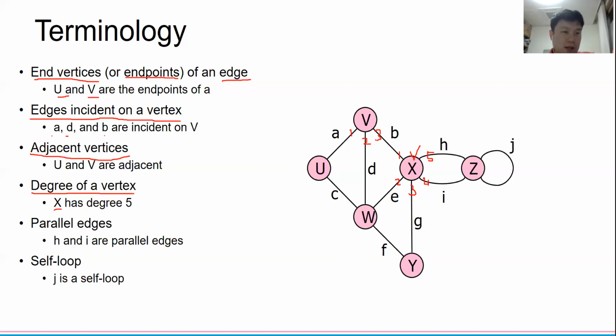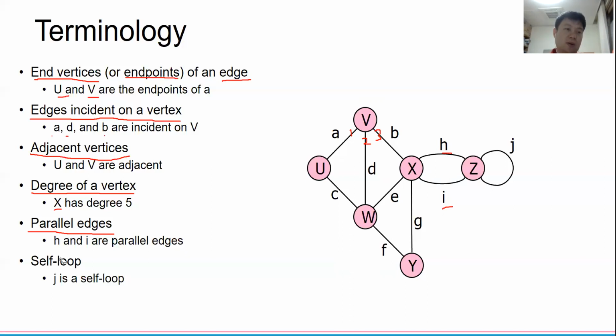Parallel edges means they are connected to the same vertices on both ends. So if it is h and i, they are parallel edges.